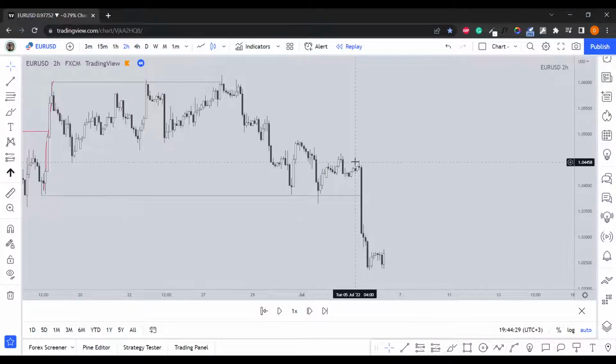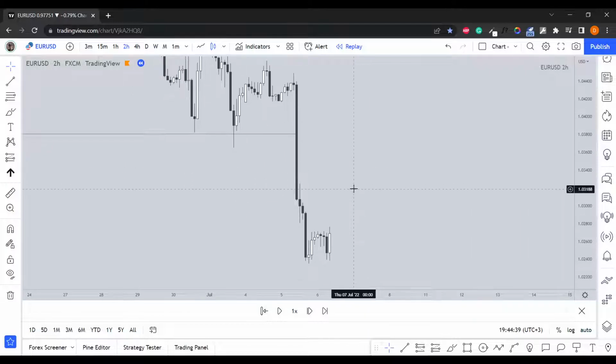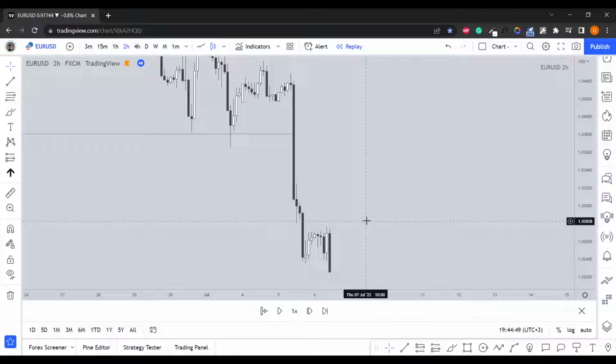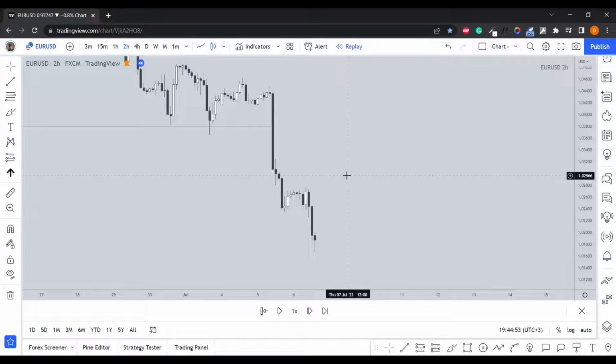And now when we have an impulse, remember the video about impulses and pullbacks. We want to separate the impulse and to have the end of the impulse. So we have now a break of structure with this candle, and now let's follow the move. We want to have a candle that closes with its body above the previous candle to finish our bearish push.